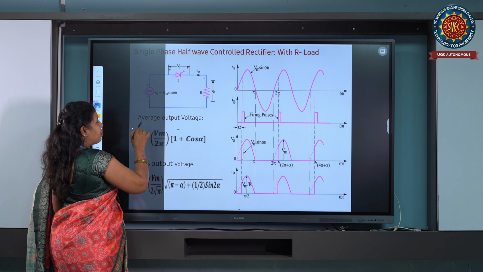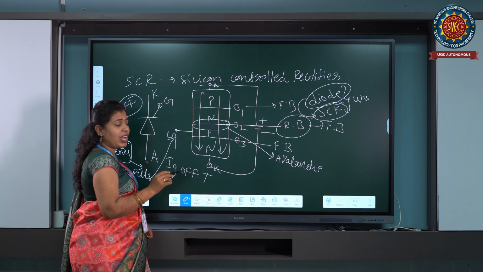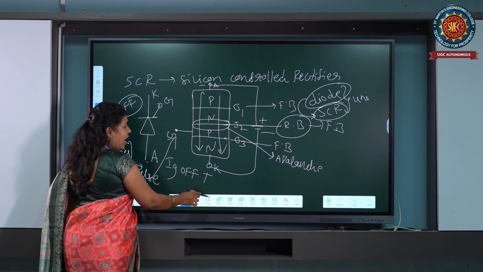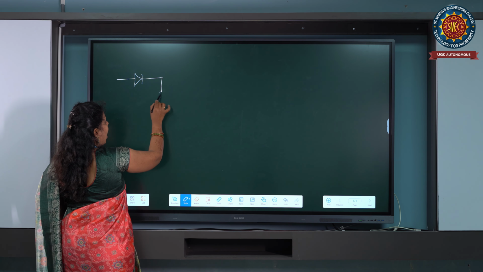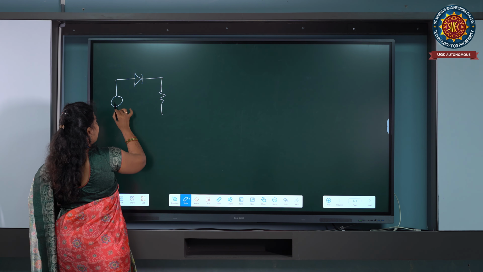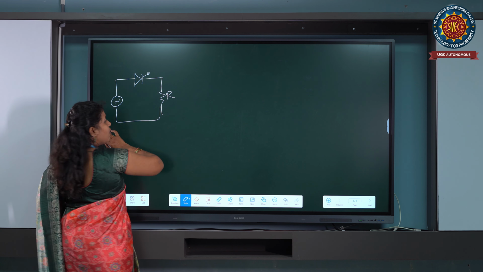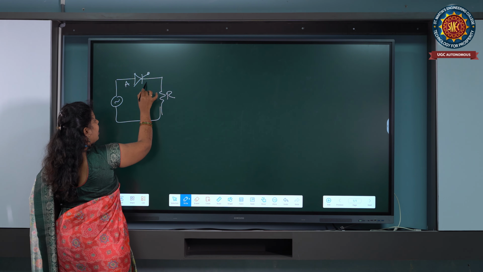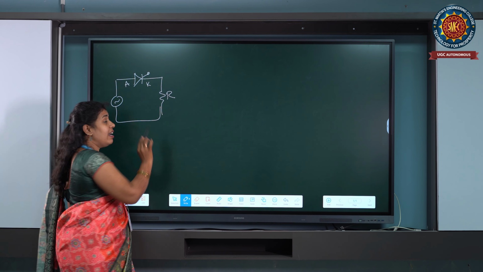Now we'll see the operation of the single phase half wave controlled rectifier with an R load. The thyristor, the resistor and the supply are all connected in series. We know that the thyristor has three terminals: the anode, cathode and the gate.